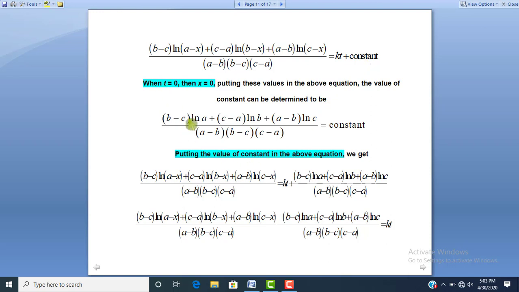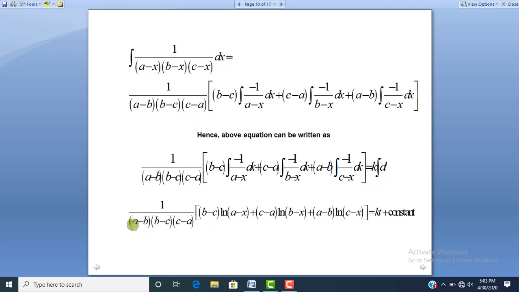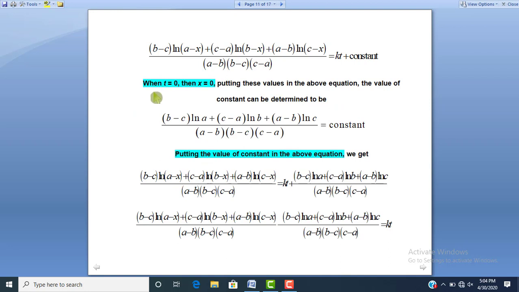So when we rearrange the equation by dividing the numerator by this denominator, it will be written as (b minus c) natural log of (a minus x) plus (c minus a) natural log of (b minus x) plus (a minus b) natural log of (c minus x), divided by the denominator (a minus b) into (b minus c) into (c minus a), is equal to kt plus constant.